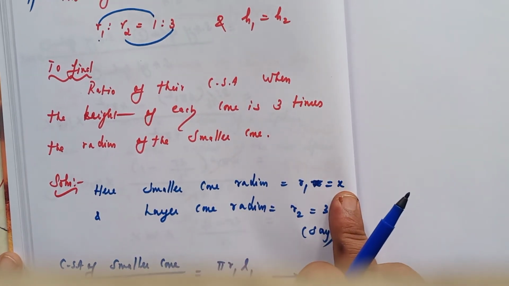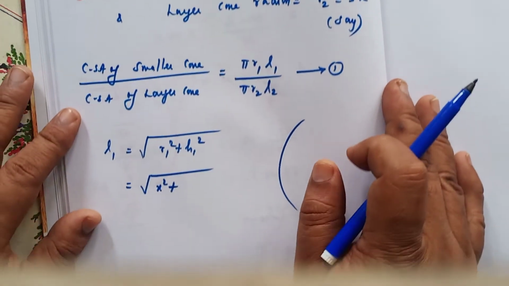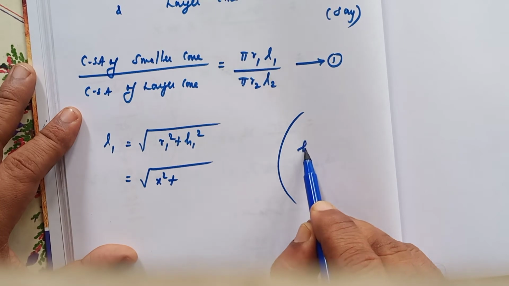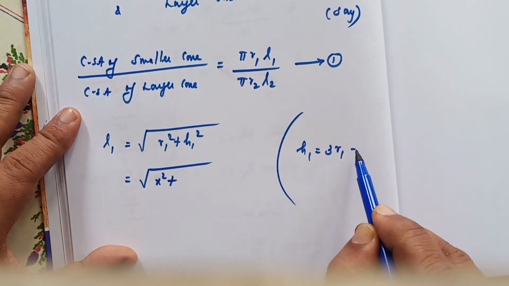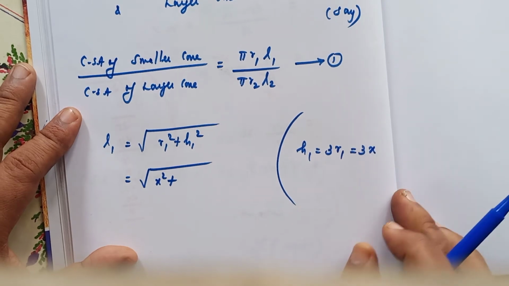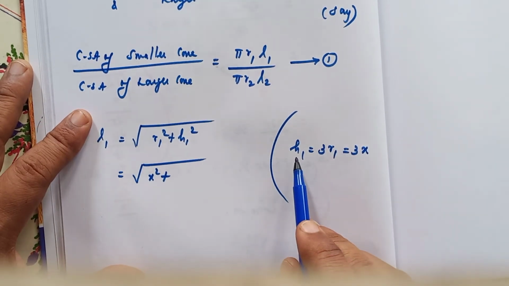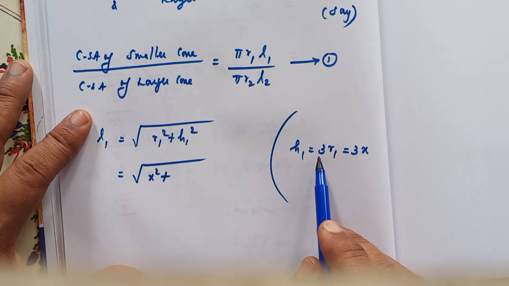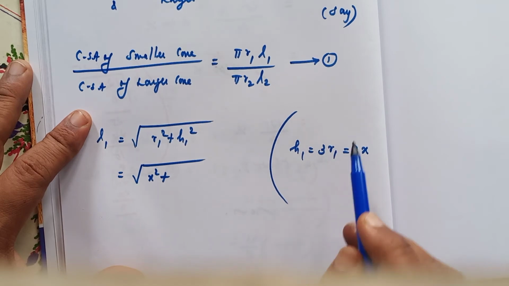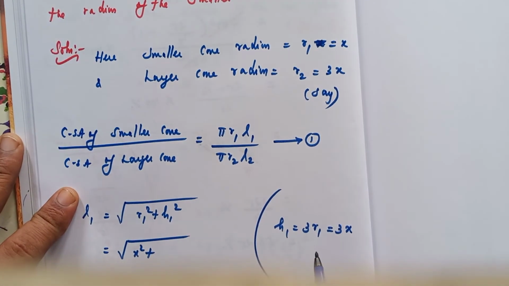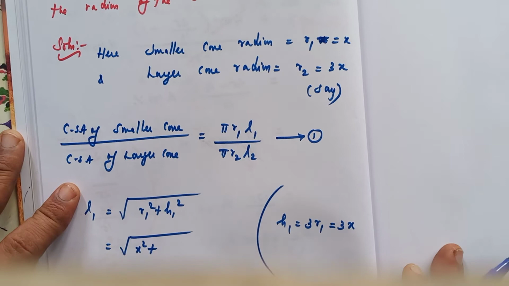Smaller cone radius is x, therefore H1 equals 3R1, which is 3x.